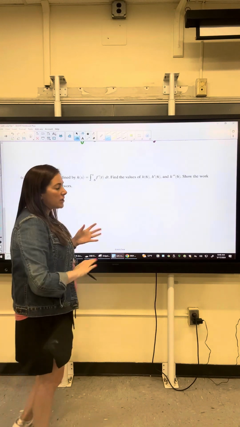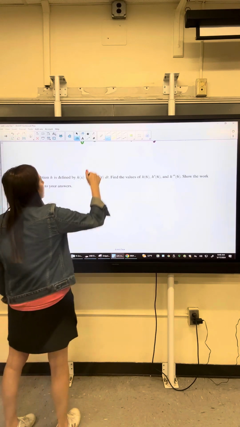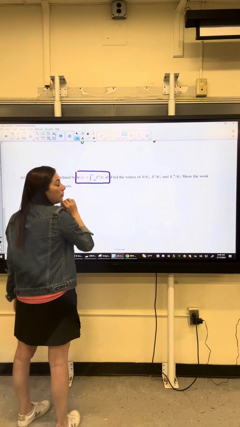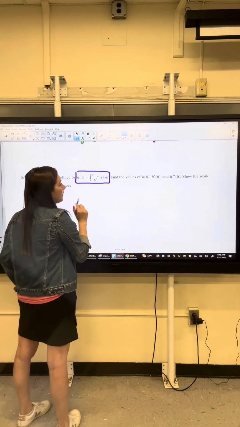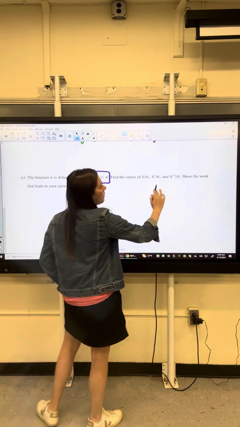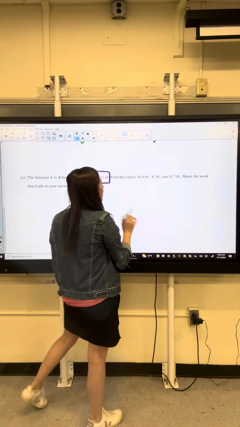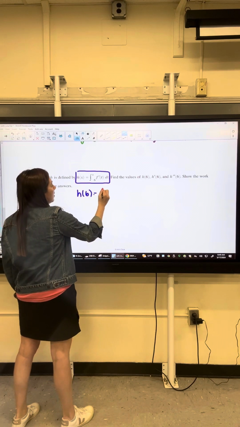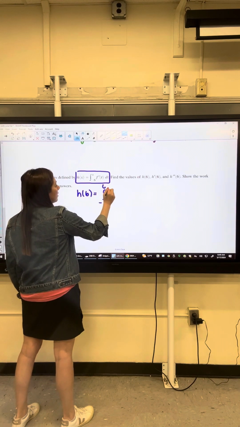And then letter C. Letter C I thought was the trickiest out of the 3. So look at this. They now give us h. They love giving us a whole new function. And they want us to find h of 6, h prime of 6, and h double prime of 6. So I think the hardest one was to find h double prime of 6, but I'm going to explain it. If we want to find h of 6, I'm going to start by plugging it into the formula.